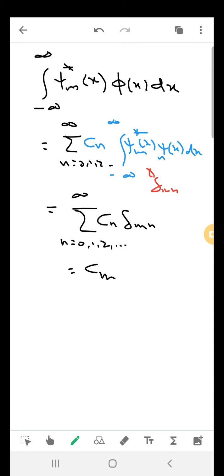So similarly, we can also write Cn as equal to integral from minus infinity to infinity psi n star x into phi x dx.